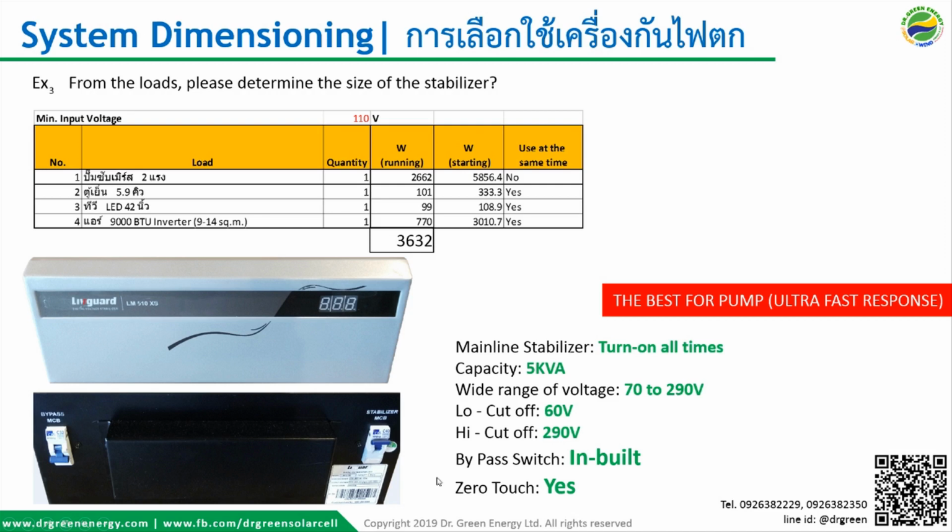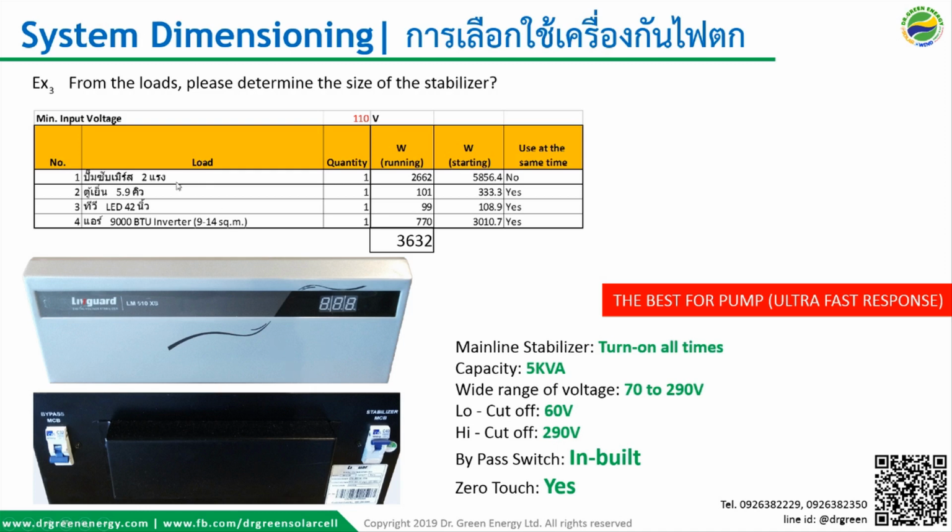And also this stabilizer works as zero touch, so it does not depend on the type of the load. You just turn on this stabilizer and it will work automatically for you because it uses a microprocessor.